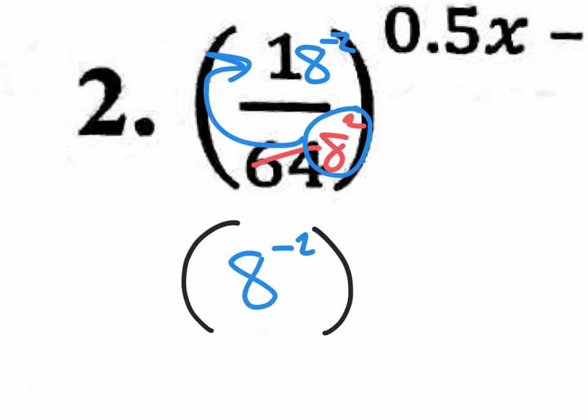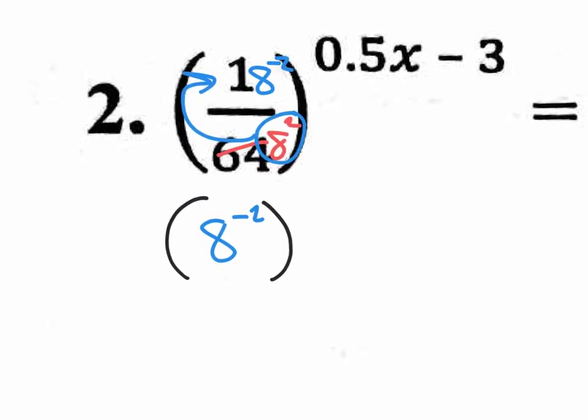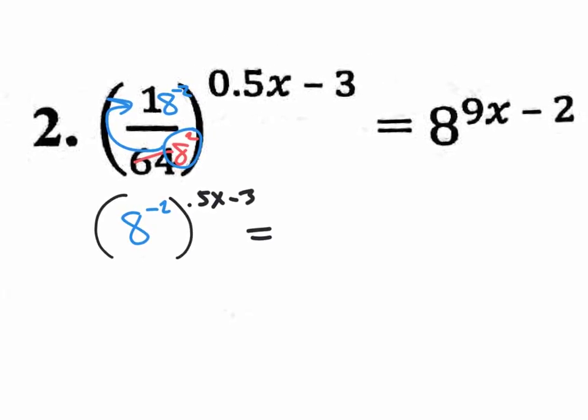Okay, so we have the base 8, and we still have the outside exponent, which is 0.5x minus 3. And we have the equal sign, and on the other side, we also have base 8, and we have 9x minus 2.